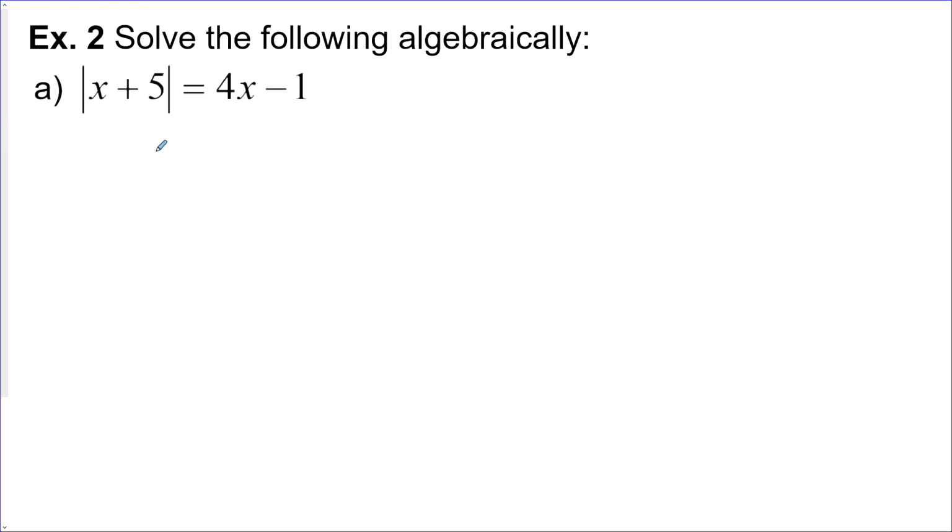For example 2, we're going to solve these absolute value equations algebraically. We need two cases. Case 1 is where the stuff in the absolute value brackets is already positive or 0. And we need to know when that happens. When is x plus 5 greater than or equal to 0?